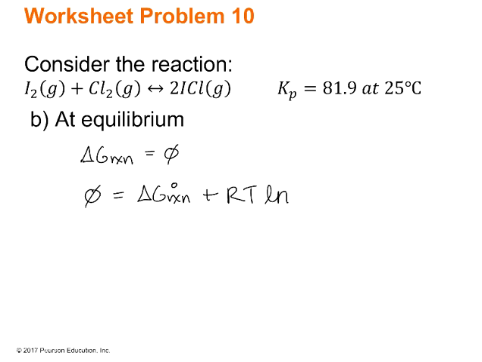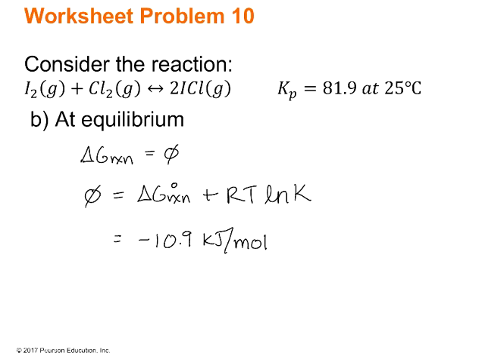And we're going to plug in K here because we are at equilibrium, so we can use the equilibrium expression. Now, we just calculated delta G. So delta G was negative 10.9 kilojoules per mole.